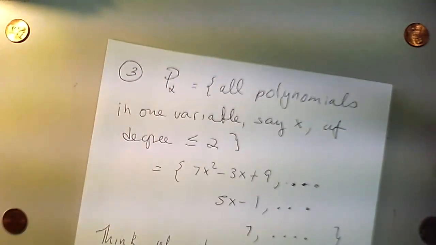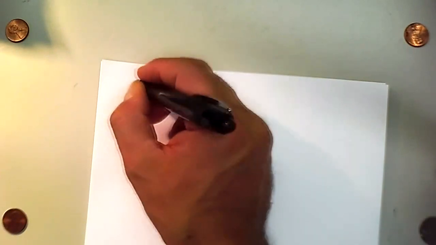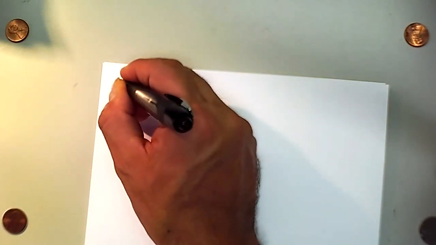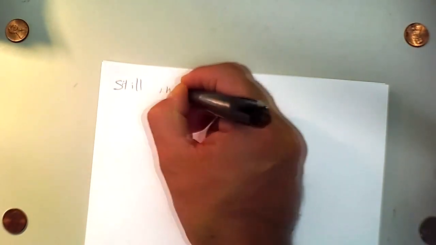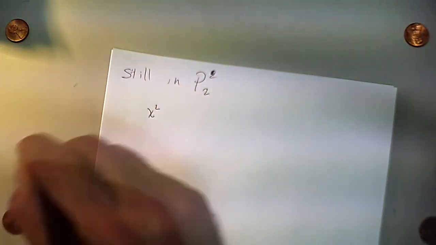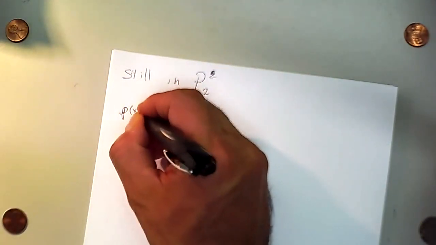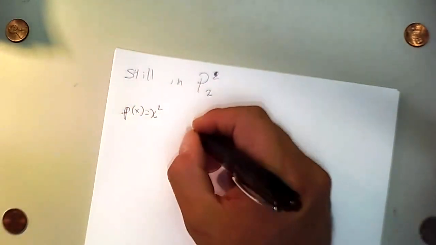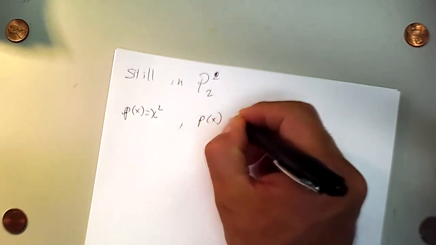Okay, so you've got to be open-minded, very, very open-minded. We're still in the same example, still in P2. You have to be open-minded because a vector could be x squared, and by that we mean the function x squared, or a vector could be x.